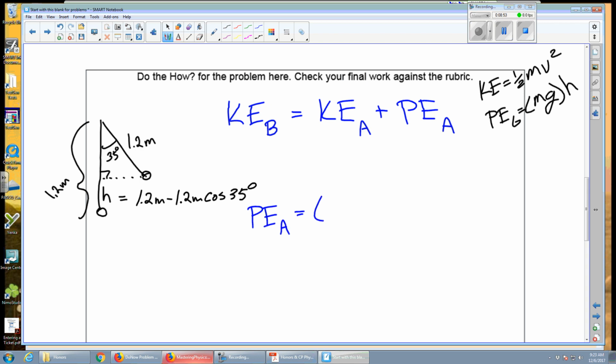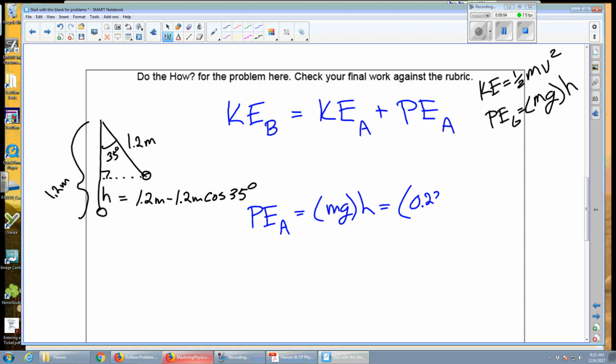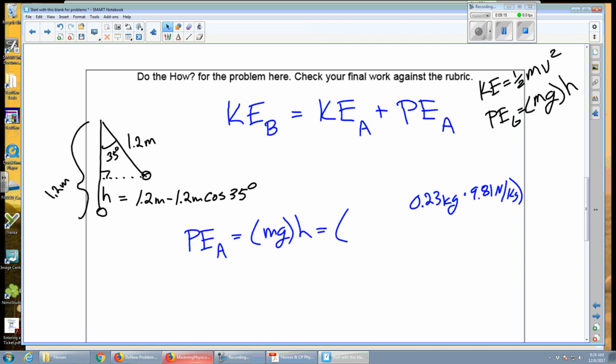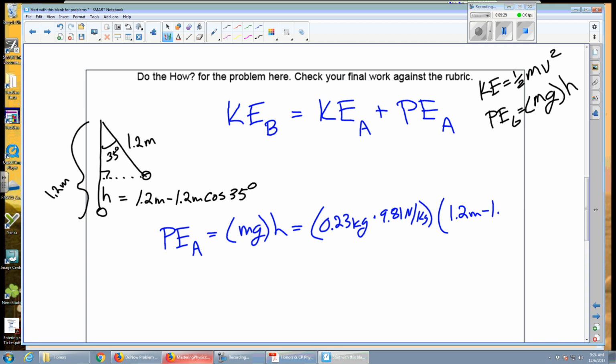PE at A is mgh, of course, where m is 0.23 kilograms times 9.81 newtons per kilogram. And then my height, 1.2 meters minus 1.2 meters cosine 35 degrees.